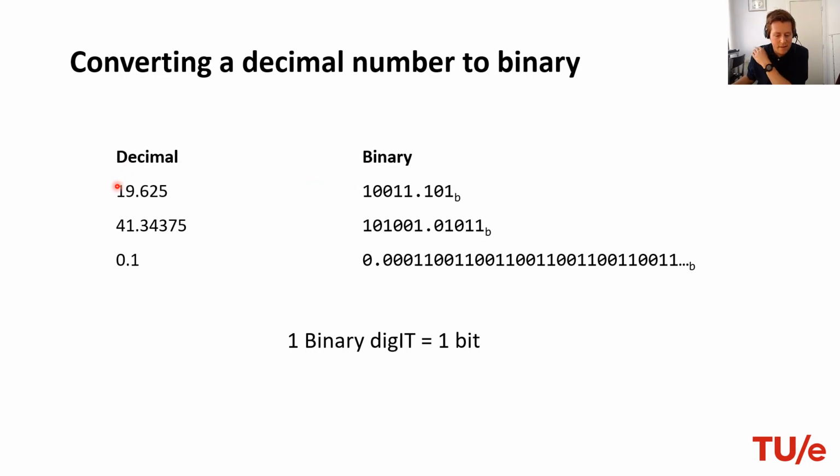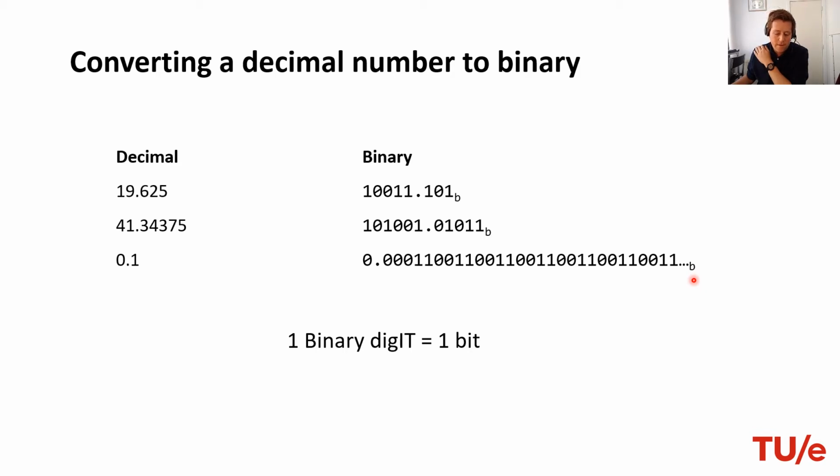So here we see that 19.625, which can be represented in decimal with 5 digits, requires 1, 2, 3, 4, 5, 6, 7, 8 bits in binary. The simple decimal number 0.1 cannot be represented using a finite amount of bits.